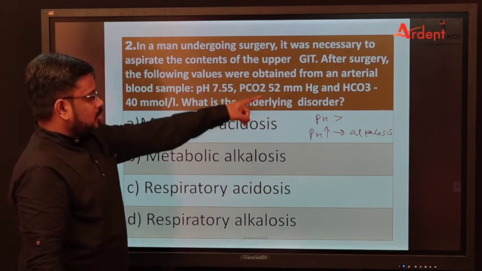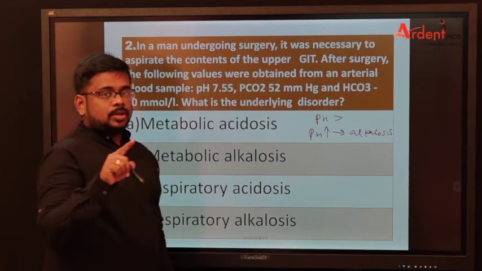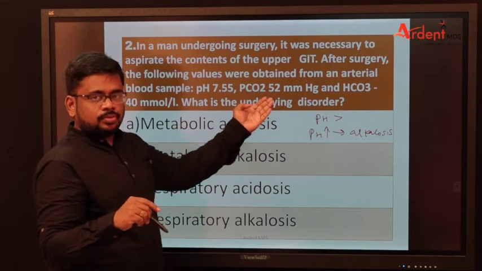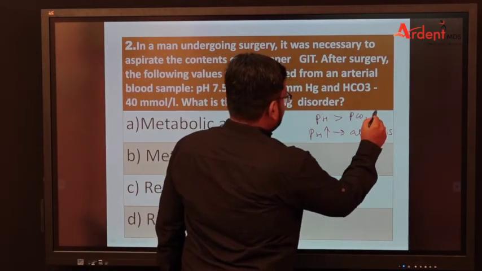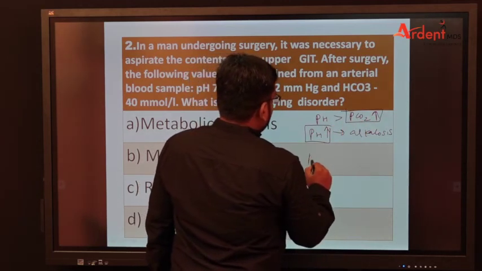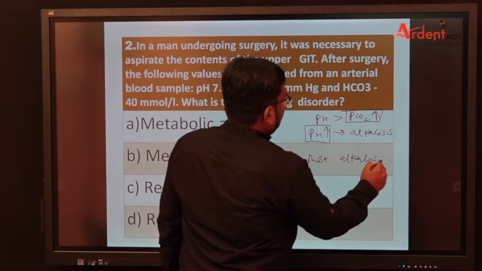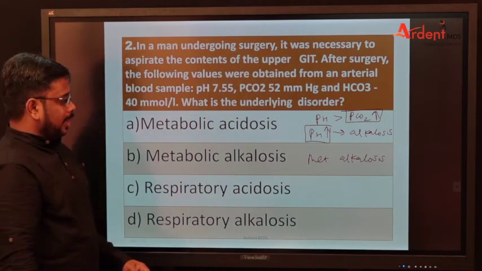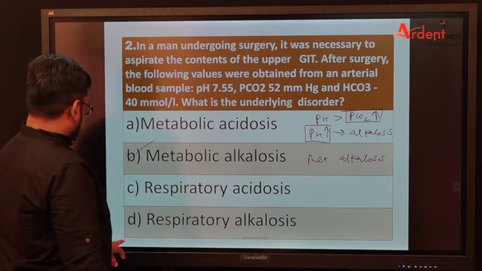So go for the partial pressure of carbon dioxide. The normal level is 35 to 45. Here it is given as 52. So partial pressure of carbon dioxide also increased. So both are in the same direction. So the answer for this is metabolic alkalosis. Okay. In the second step itself you can answer. So the answer is the second option, metabolic alkalosis.